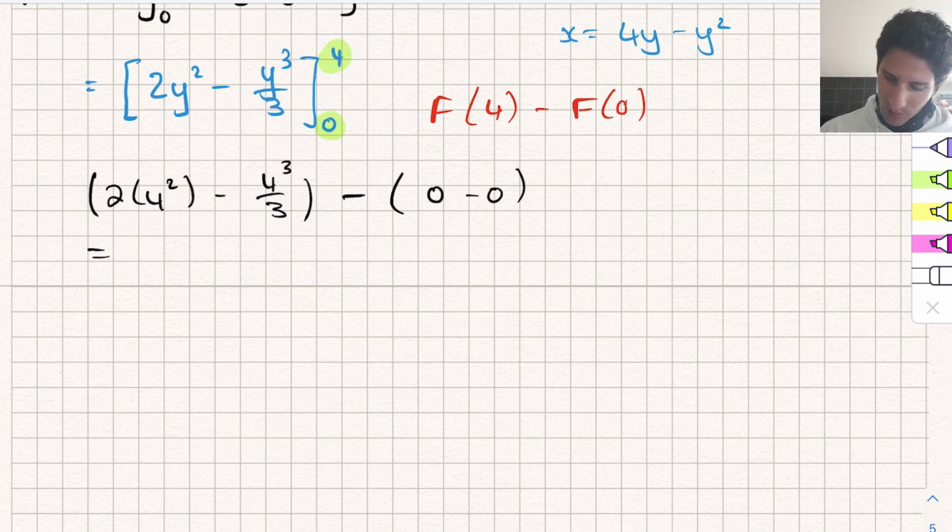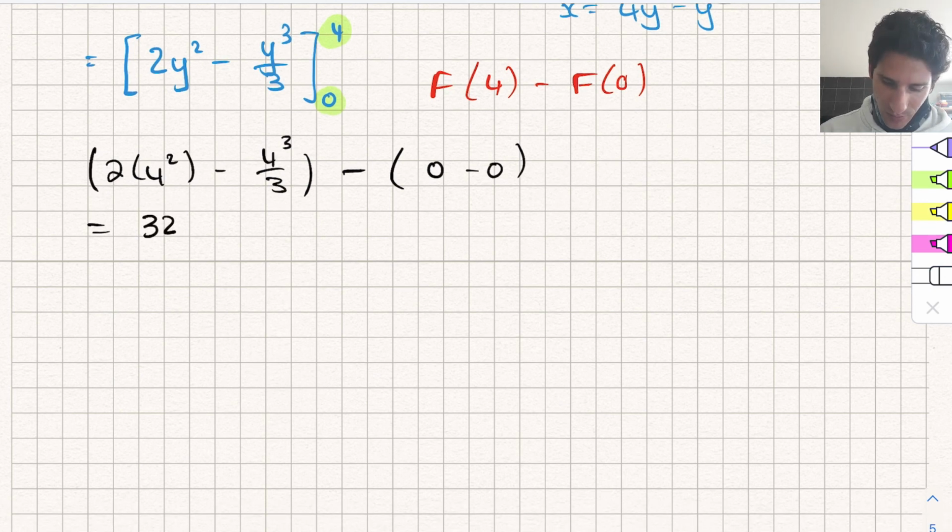And this is going to give me, let me get a calculator out and work this out. So we have 4 squared times 2, which is 32.